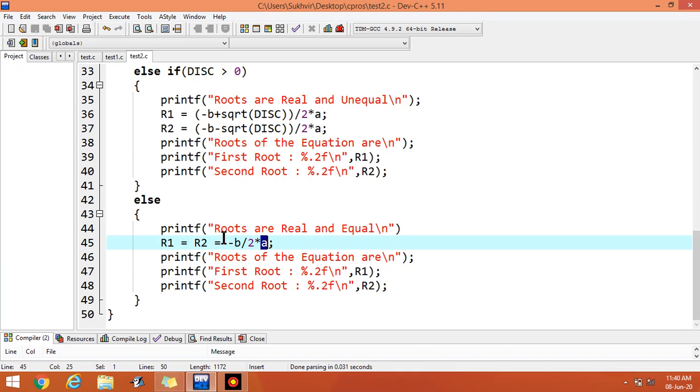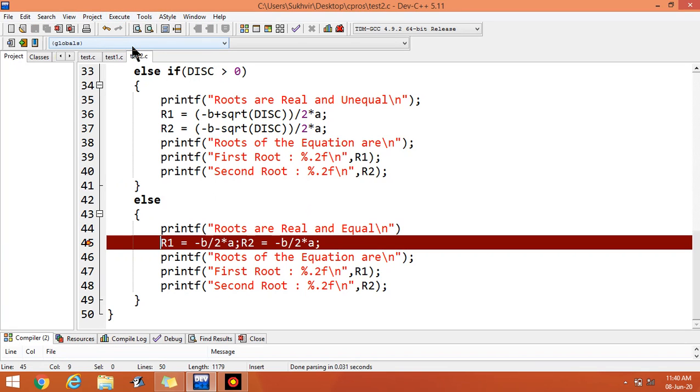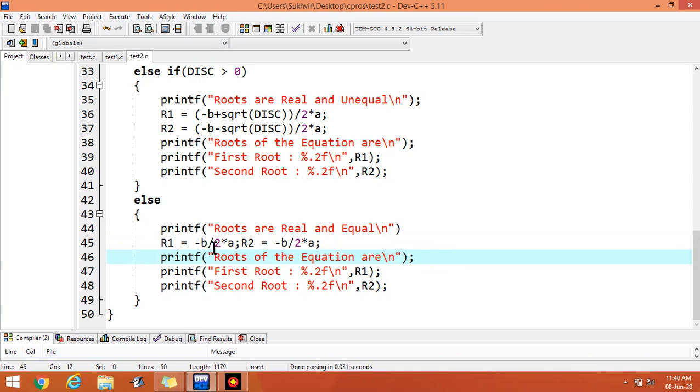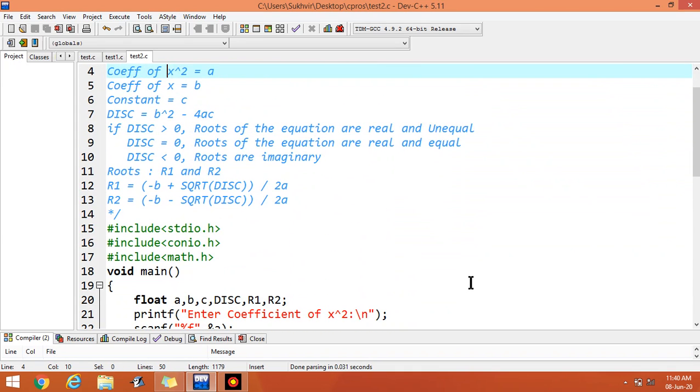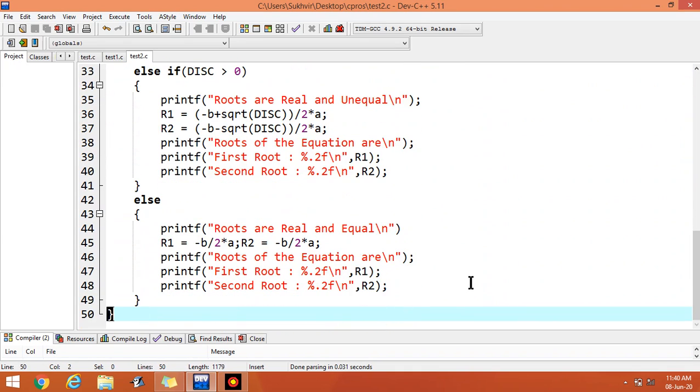You can write in two lines. Control C and control V. You can write R2. Let us execute again. What is the problem here? R1 and R2. Let's check at the top. R1 and R2 are there.